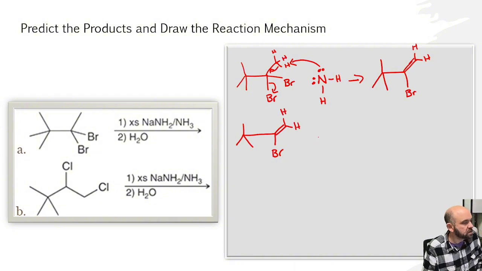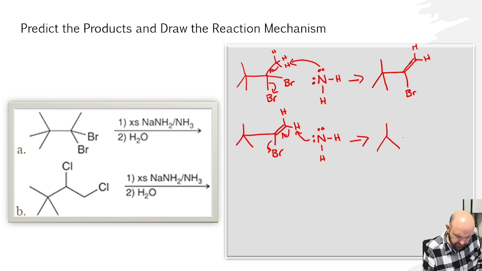Like we said, we made sure to put enough sodium amide in our flask such that we have plenty to react with those beta hydrogens. We will see a second E2 reaction. Loss of the leaving group, proton transfer, loss of the leaving group, and now we see the terminal alkyne product.